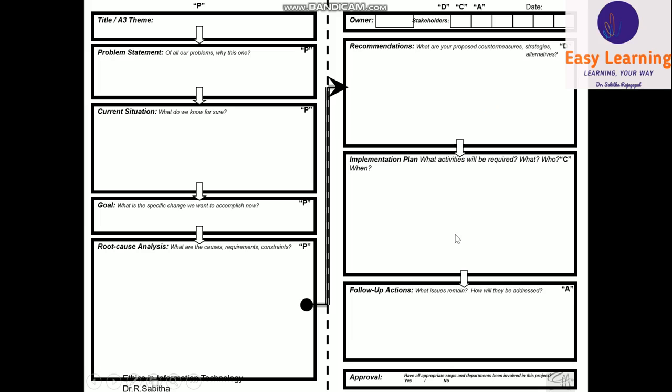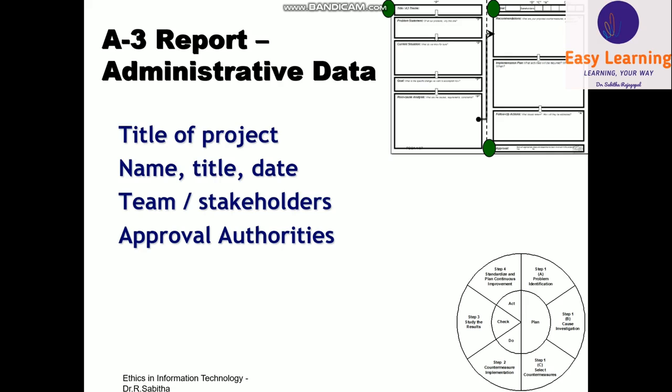Then once the plan is implemented, the follow-up actions and the evaluation are recorded in this part. Finally, the approval is given at the bottom. So this complete A3 sheet will help in completely analyzing the four steps of the PDCA cycle of your process. So this helps in the complete PDCA process.